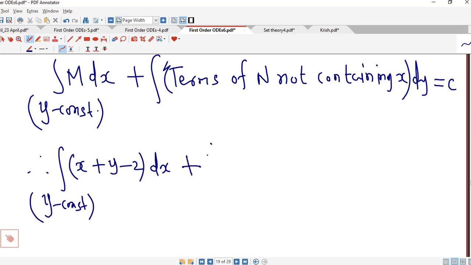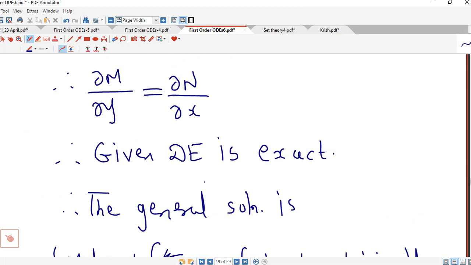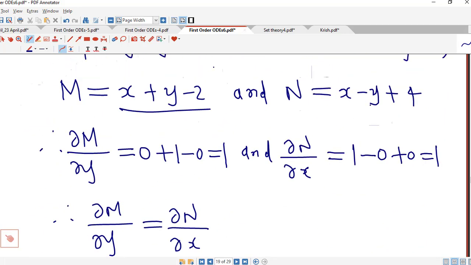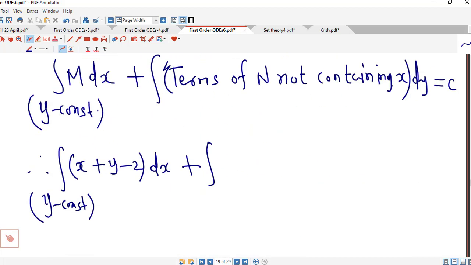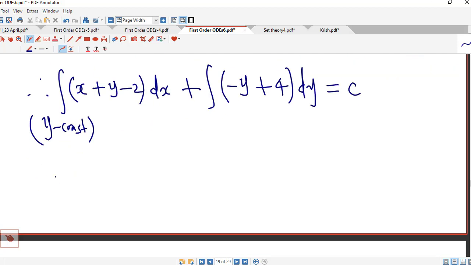Now we concentrate which terms of N are free from x. So first term contains x and these two terms are free from x. So terms free from x are minus y plus 4. So here we write minus y plus 4 and integrate with respect to y equal to c.